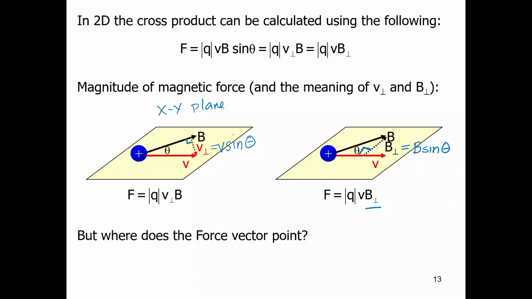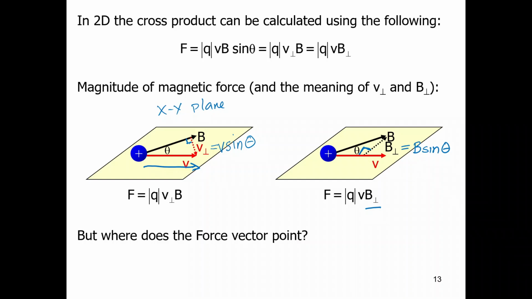But where does the force vector point? This is where you would use the right-hand rule. These are both the same diagram. So I would point my fingers in the direction of V. I'm going to take my hand, straighten it out, and point my whole hand to the right of the page. And then B is kind of up towards the top of the page, so I'm going to rotate my palm so that it is facing the top of the page while keeping my fingers pointed straight to the right.